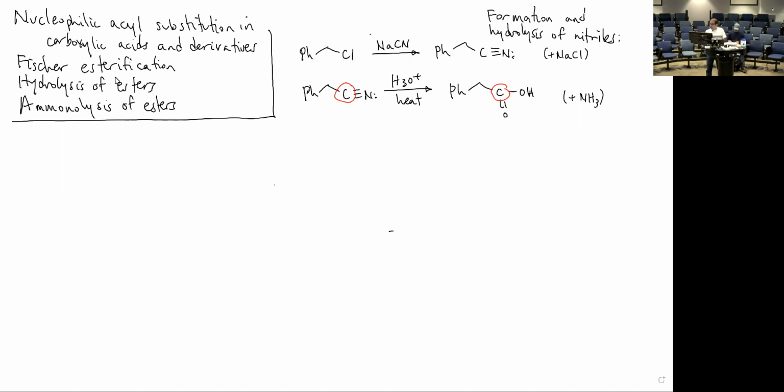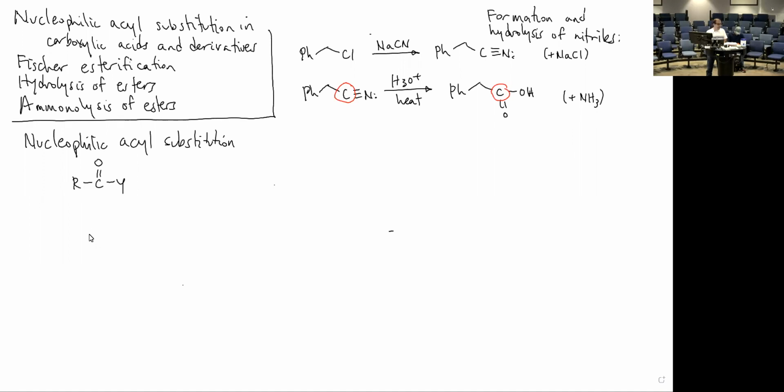So we have our example of formation and hydrolysis of nitriles. We've already talked about nucleophilic acyl substitution in general. And in terms of a general scheme, we said that it involves some carbonyl compound of this type.